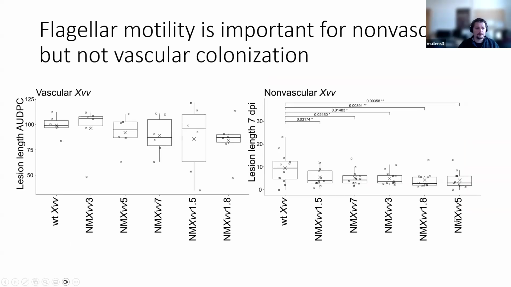And we found that during non-vascular colonization, the non-motile strains appeared significantly less aggressive compared to the cut inoculated experiment with those same strains where we didn't see significant differences. So it seems like motility does play a role in lesion size and disease in XVB for the non-vascular, but not so much for the vascular disease.